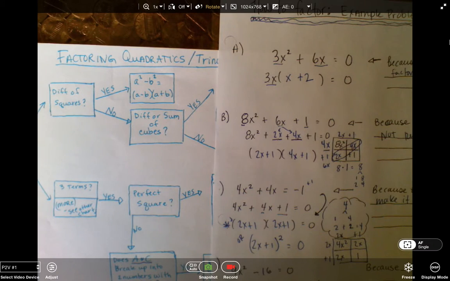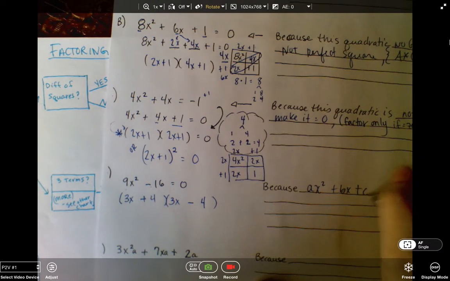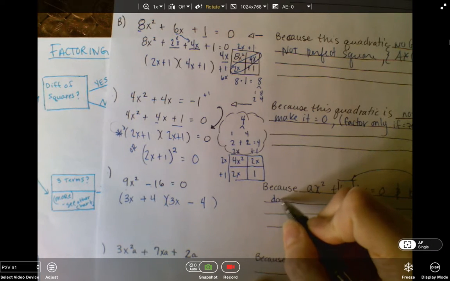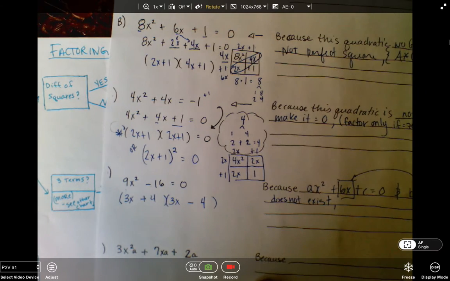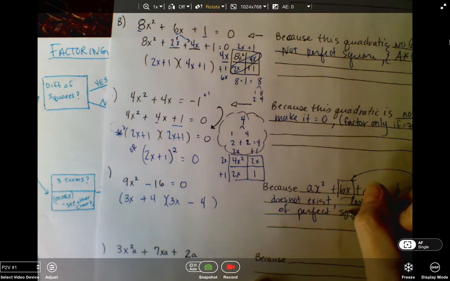So because ax squared plus bx plus c equals 0, and bx does not exist, look to the difference of perfect squares.